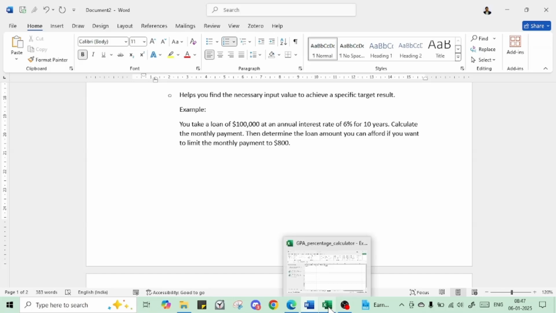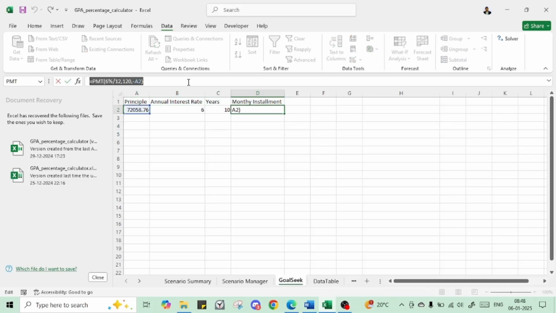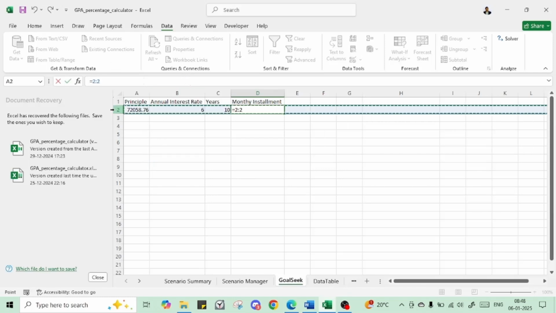Now let's get to the Excel sheet. So this is what we have here. We just have to enter the formula over here. This is the formula being represented. Let me copy this. Okay.